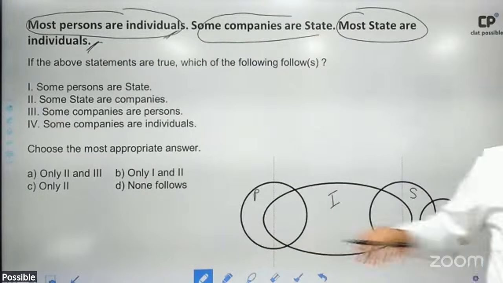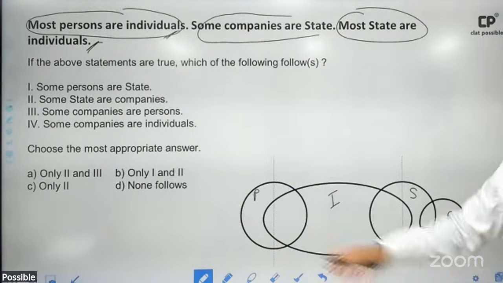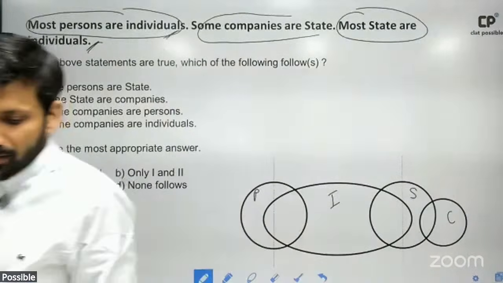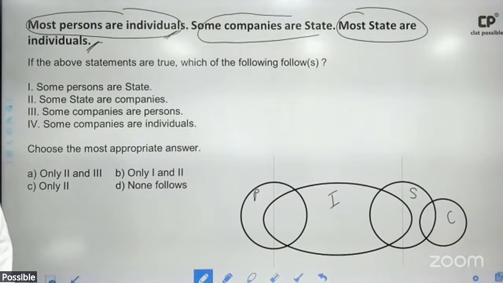But with this diagram, what do you think is the answer, everyone? You may have come up with some answer, but just according to this diagram, what will be the answer? Right.